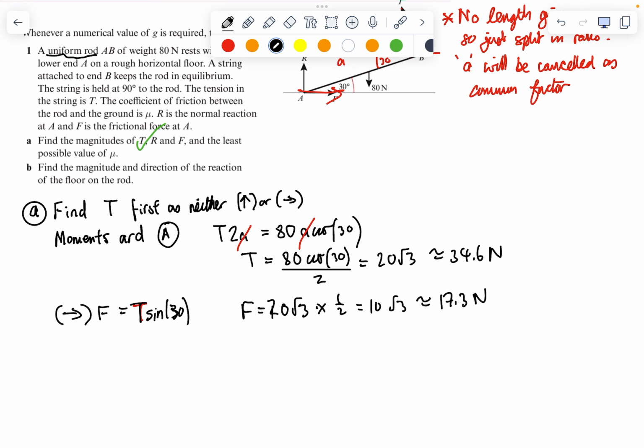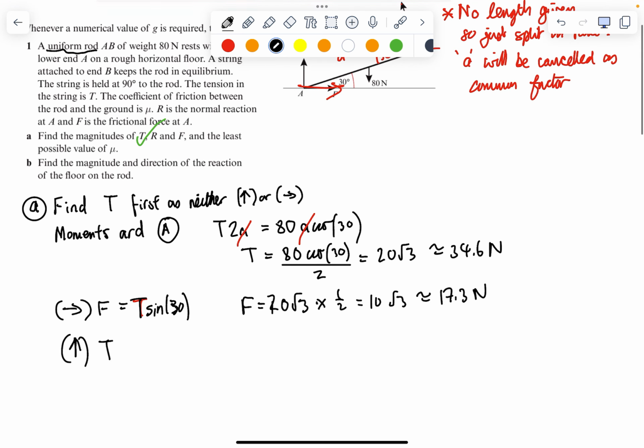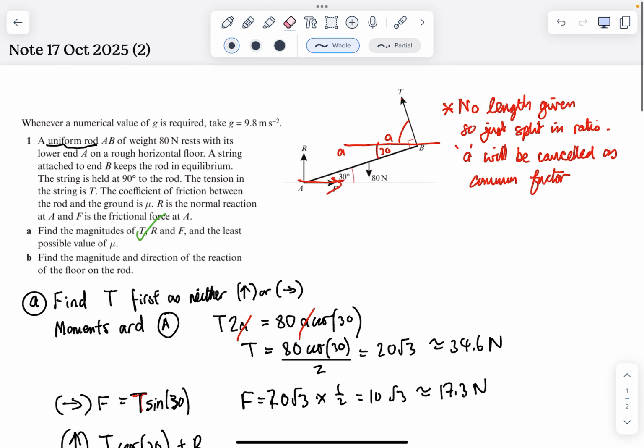Right, okay, now we're going to go vertically. So I've got my T, now this time it's T cos 30, and I've got R going in the vertical direction. So there's my R, and my T, which is going to be at an angle of 30.